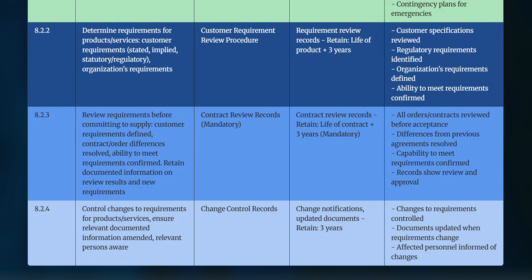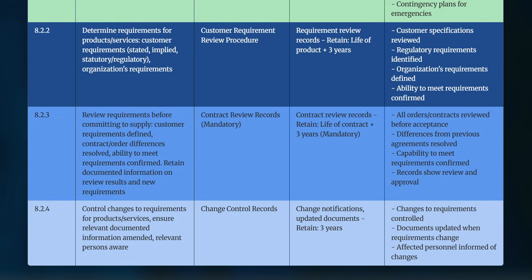In Clause 8.2.3, it requires you to review requirements before committing to supply. That means customer requirements being defined, contract and order differences being resolved, and ability to meet requirements being confirmed, and retaining documented information on review results and new requirements. That means you need to have the required documents here. You need to have contract review records.